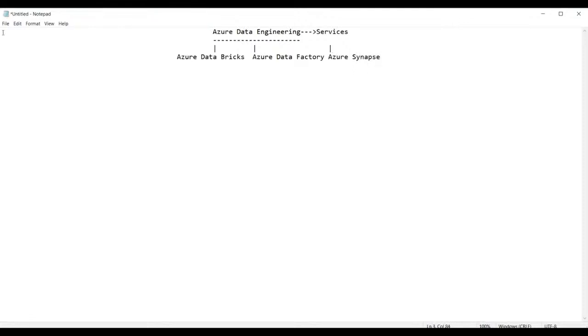Many services are there, but I'm listing a few of them. We also have Azure Artificial Intelligence, AI, or else we can refer to it as ML, that is machine learning. These are all the services packed into Azure Data Engineering.